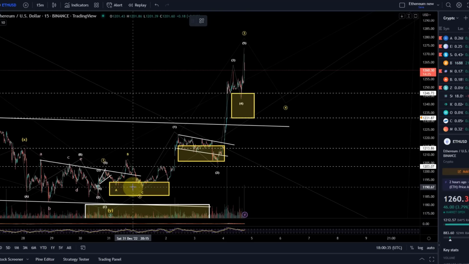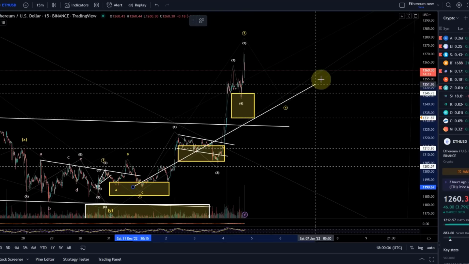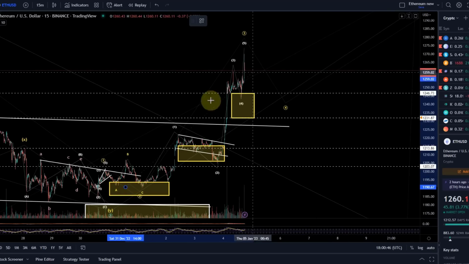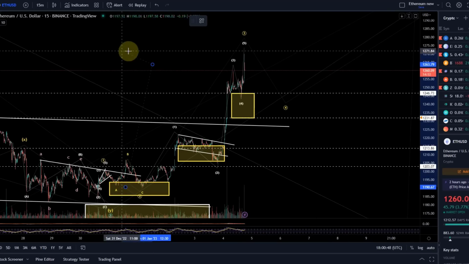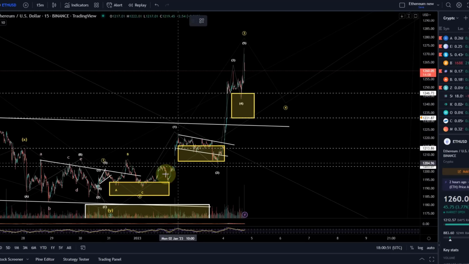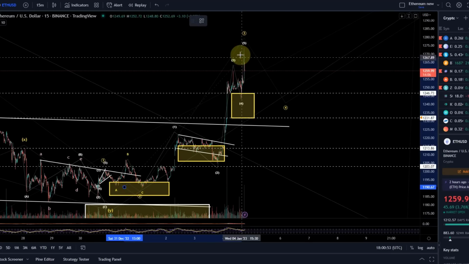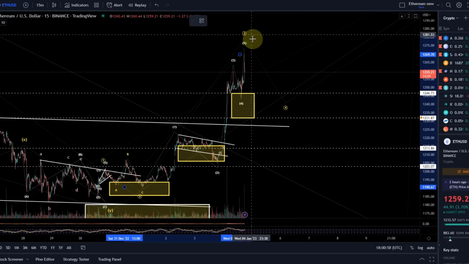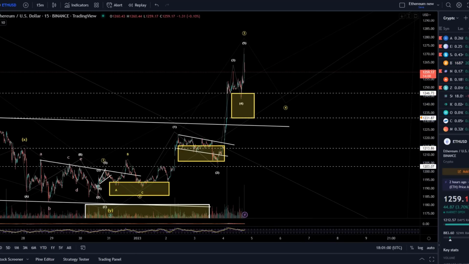Oops, wrong tool. That's why I moved up my stop loss, because if it comes down now, at least I'm stopped out in profit, and then I will probably re-enter in the yellow wave 4 area. Come on, what am I doing here? So we take the length of the third wave, go down to the low of the... come on.